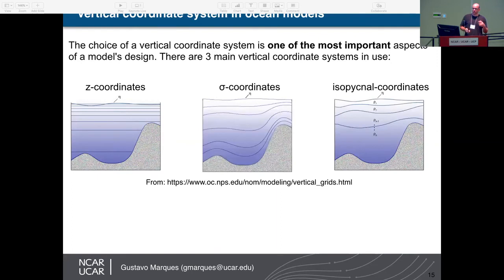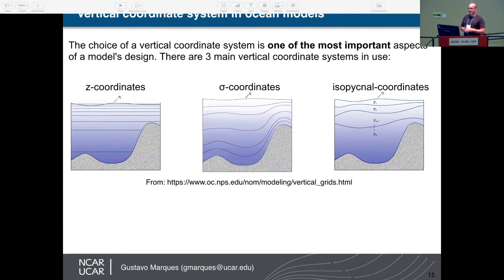The second one in the middle is the so-called sigma or terrain following coordinate. This is mostly used in the regional modeling community. In this case, the coordinate is following the topography. Notice how the lines are following the topography. Again, it's nice because you can put the resolution you want, so you can increase resolution near the bottom and near the surface.